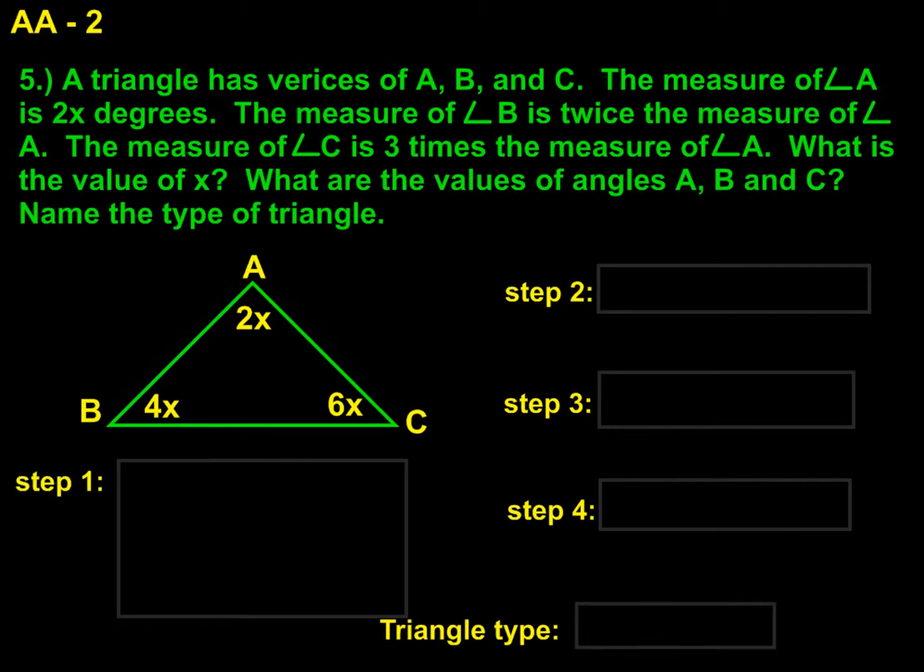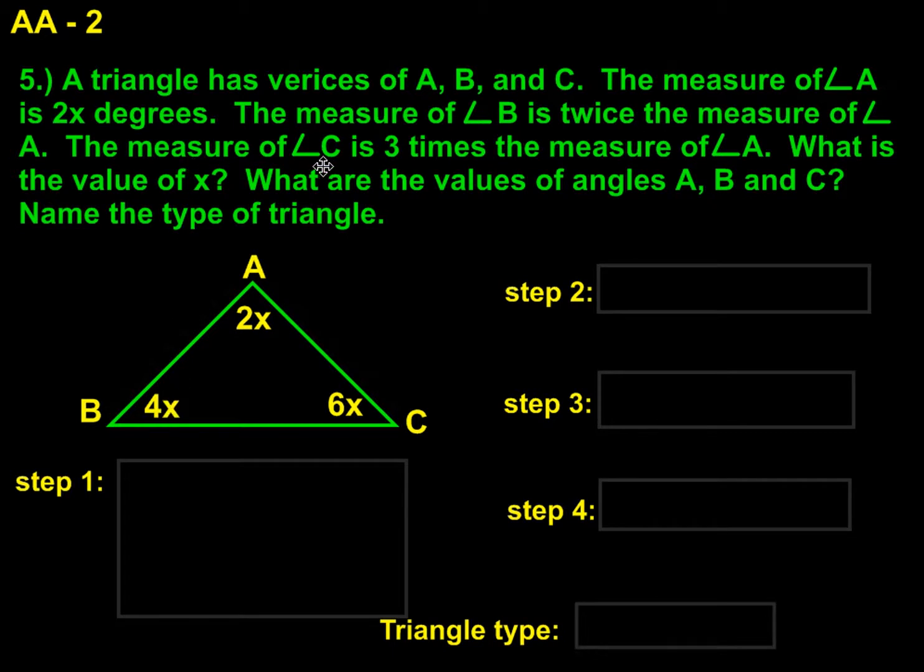And lastly, we'll take a look at number 5. A triangle has vertices. Again, vertices are just the corners, the angles. Vertices of A, B, and C. So there's angle A, angle B, and angle C. The measure of angle A is 2x degrees. So I've put 2x for A. The measure of angle B is twice the measure of angle A. So that's 4x.